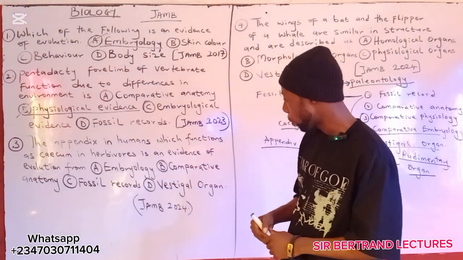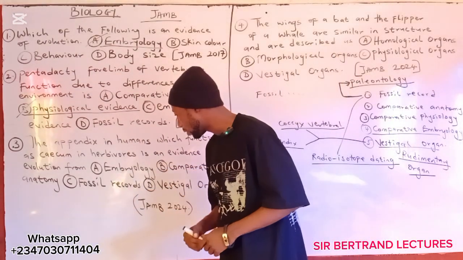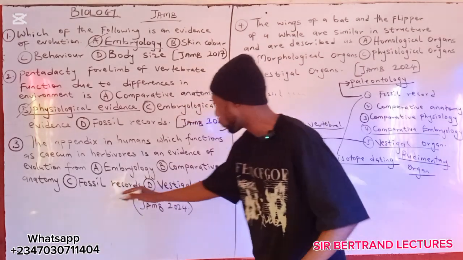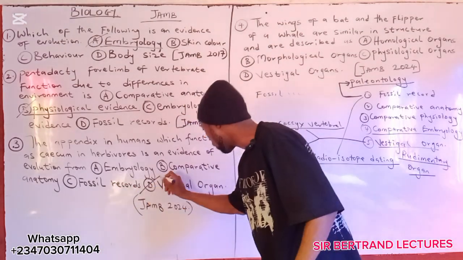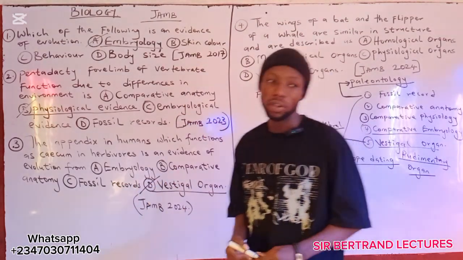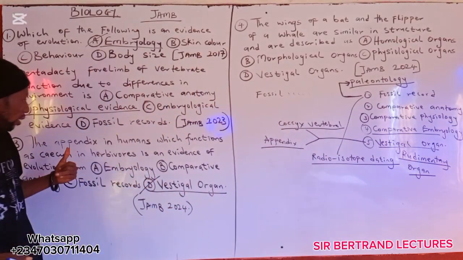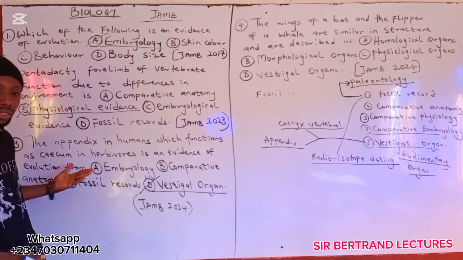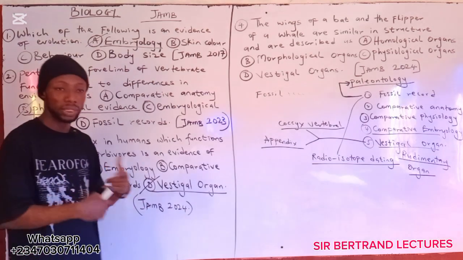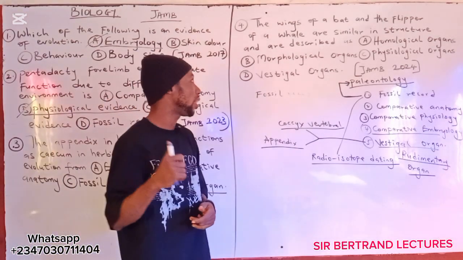Comparative anatomy, no. Vestigial organs is the answer. Okay, yes, for the record, the answer is vestigial organs. All right, vestigial organs support that this appendix in human, which functions as cecum in herbivores, shows that there was a time man was like the herbivore.